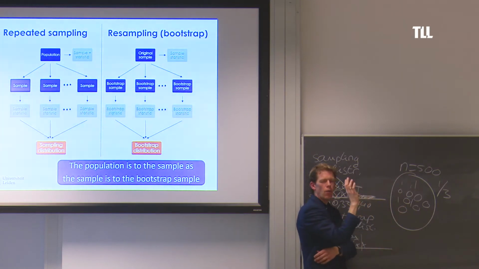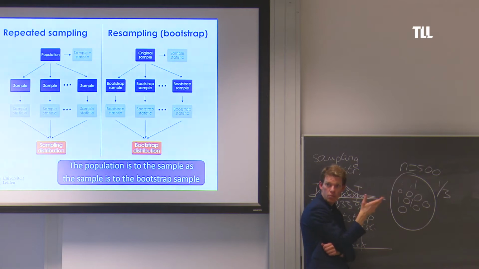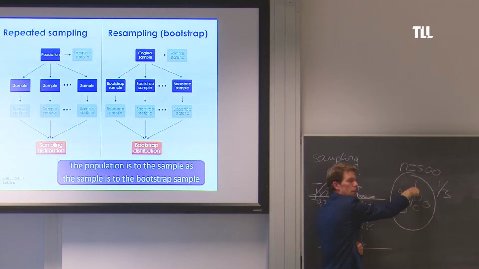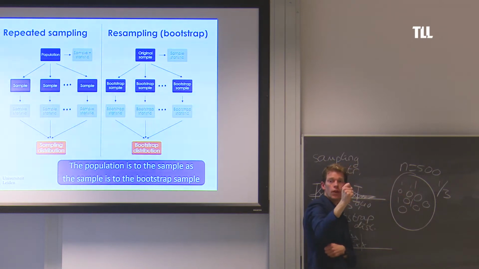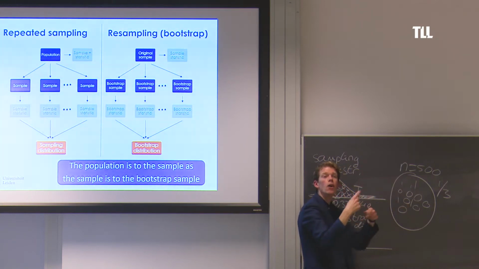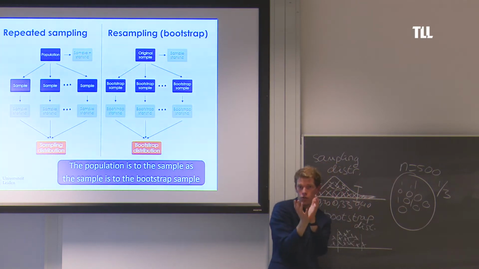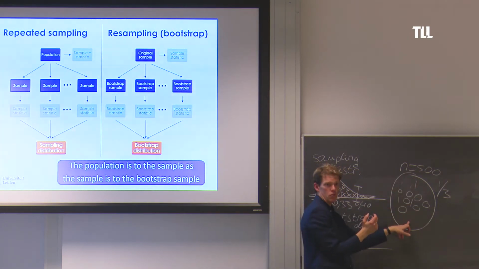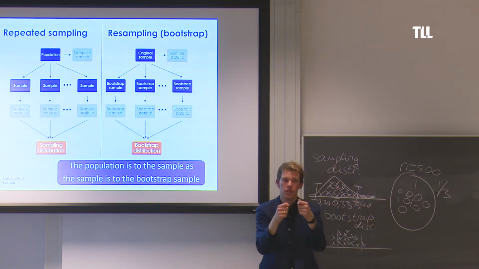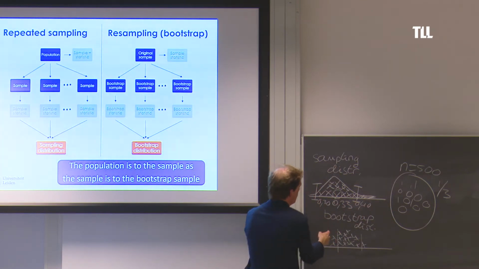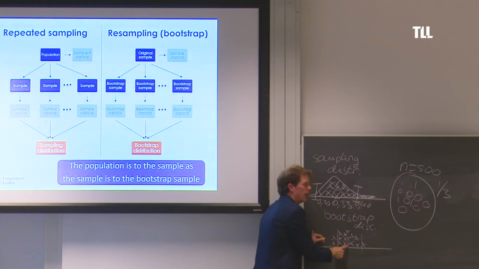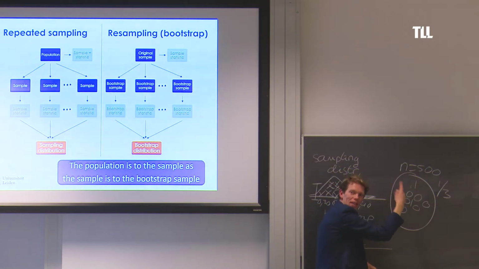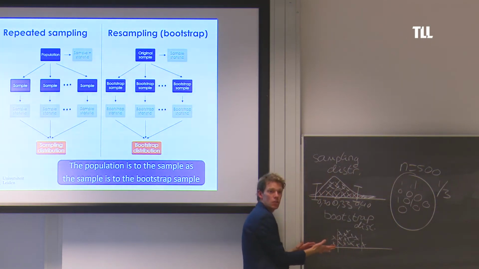So I take one, it's a 1. I put it back, another one, it's a 0. Another one, it's a 1. And I calculate the proportion of those 500, that's a bootstrap sample, right? A sample from my sample is a bootstrap sample. I calculate the proportion of that sample with replacement, and put it over here. And I do it again, and again, and I get my bootstrap distribution.